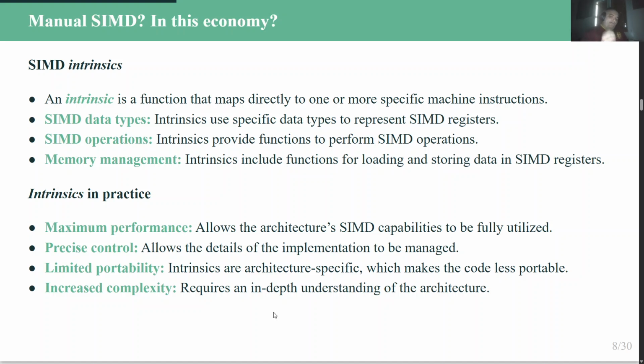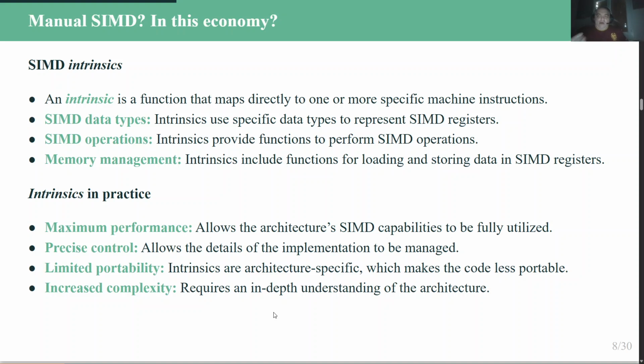SIMD programming uses intrinsics, which are basically small magical functions that the compiler recognizes and turns into the actual low-level assembly bits that do the manipulation of the SIMD registers. It's very direct. You basically generate a single or a couple of specific machine instructions.